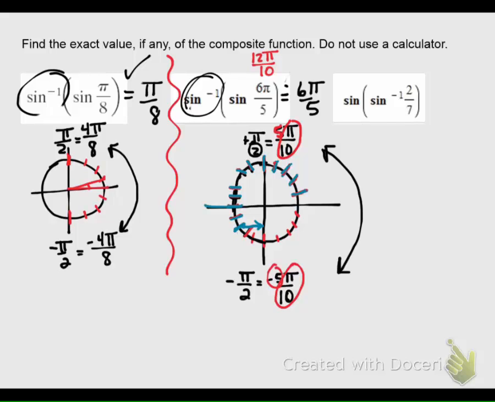From the x-axis, if you travel down 2 tick marks, you get to that y height. So come over here. From the x-axis, if you travel down 2 tick marks, you'll also get the same y height. So you need to travel down by 2 of the pi over 10 tick marks.